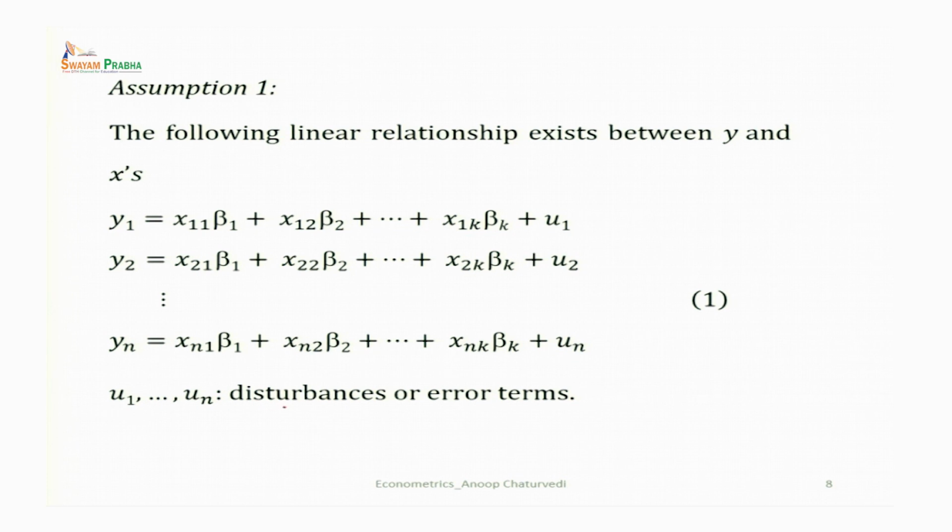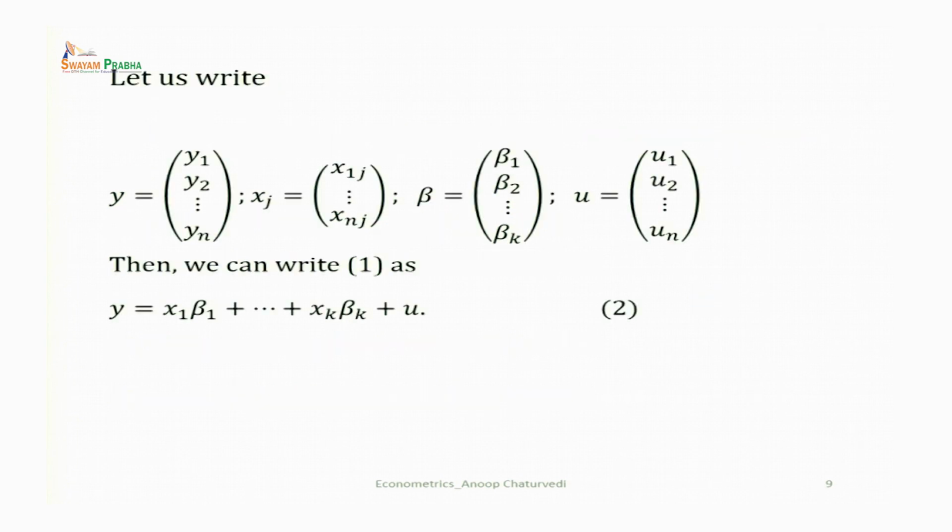Then u1, u2, un are the random disturbances or error terms. It becomes more convenient to write the model, or derive the least square estimators for the parameters, if we use the matrix notations. So, we introduce the matrix notations. We take the n cross 1 vector y equal to the column vector y1, y2, yn.